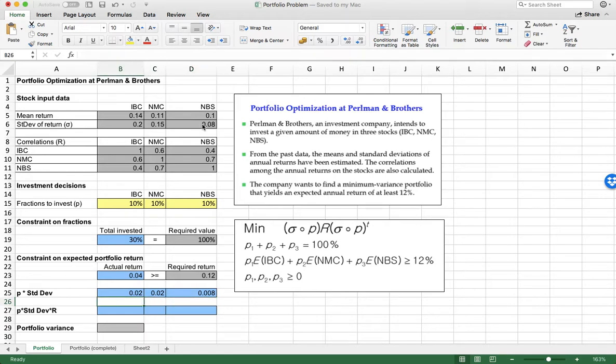Once you enter like this, next I like to multiply two matrices. The sigma times P, times standard deviation, is one of the matrices, and I do have the correlation matrix R. So using MMULT, I am going to express this matrix multiplication.